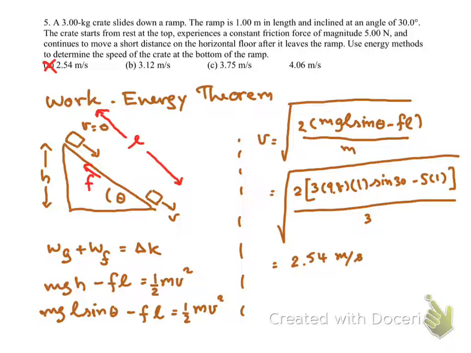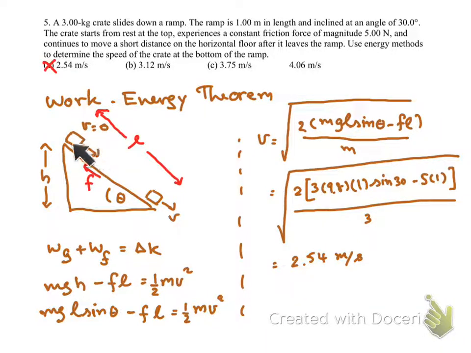Again, we can use the work energy theorem. When the cart moves down the ramp, it gains energy from the work done by the gravity, but it also loses energy from the friction. The total work on the cart must be equal to the change of the kinetic energy.